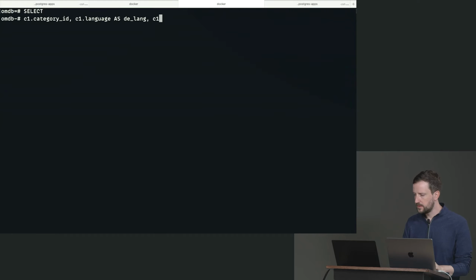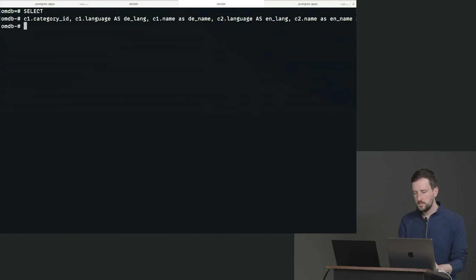So we're going to do C1.name as DE_name, C2.language as EN_lang, and C2.name as EN_name. So that's a bunch of things that we're selecting. From category_names C1.